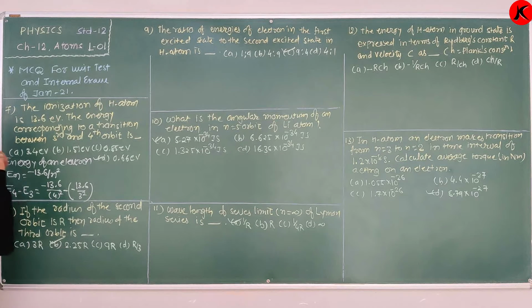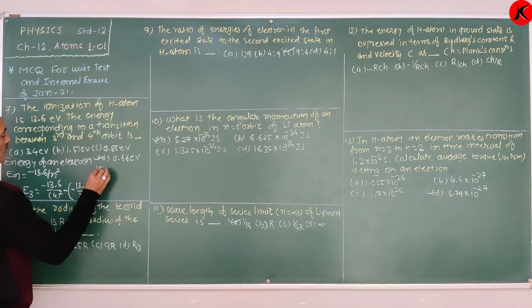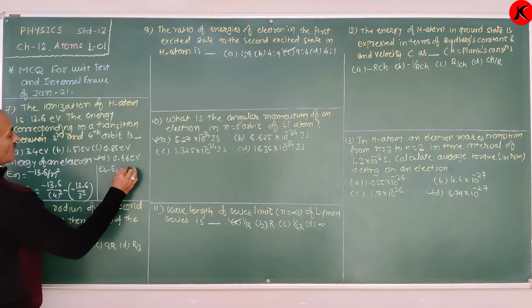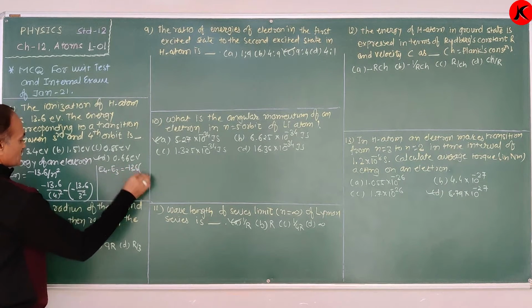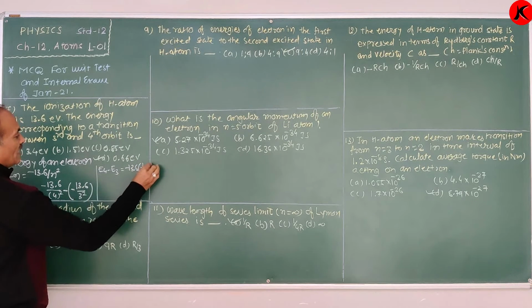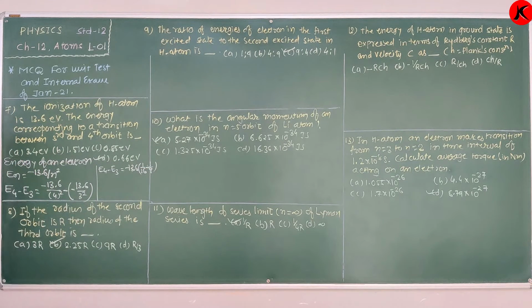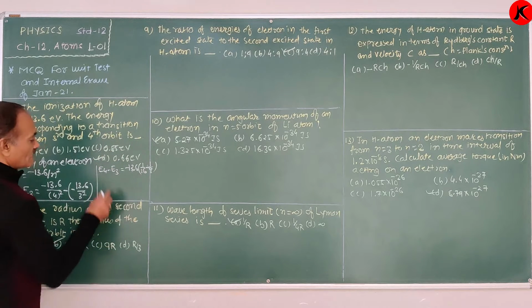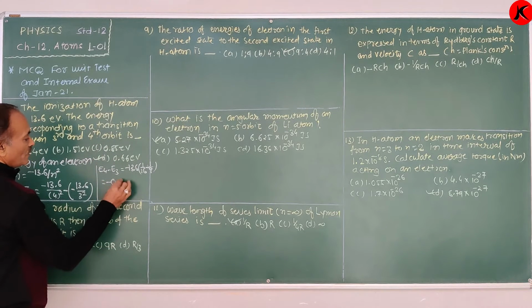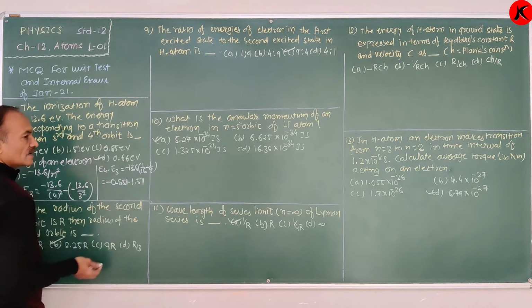Clear? Therefore, E4 minus E3 is equal to minus 13.6 times 1 by 16 minus 1 by 9. Because the minus sign is taken out of this bracket, it's equal to minus 0.85 plus 1.51.